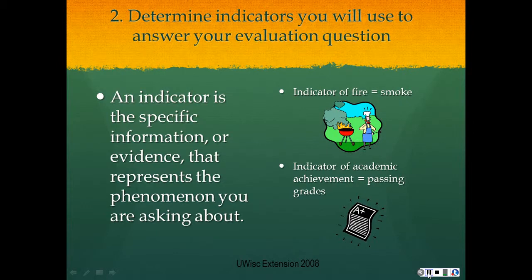Indicators can seem kind of vague or complicated, but let's look at another example. Say you moved to a new town 6 months ago. You have 3 children in school, and you're concerned about how they're adjusting to their new school. What are some things you would look for to determine how they're doing? Well, you might look at their scores on tests in school.